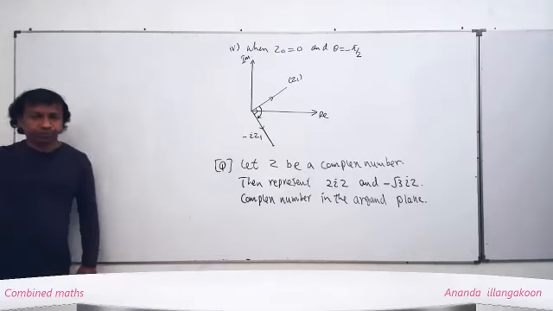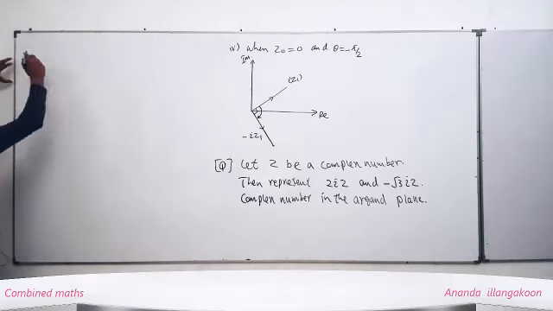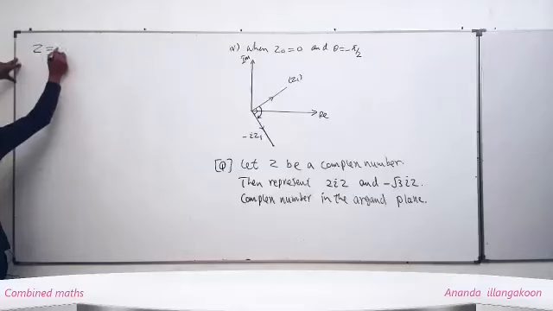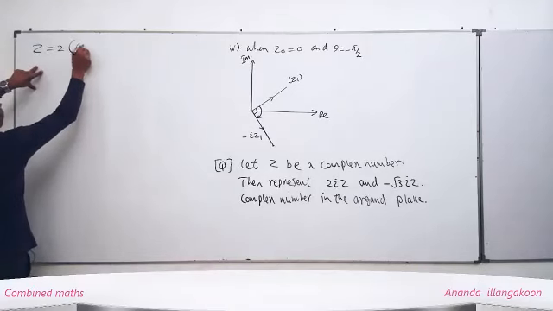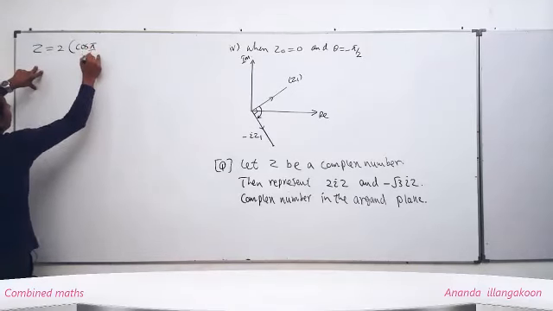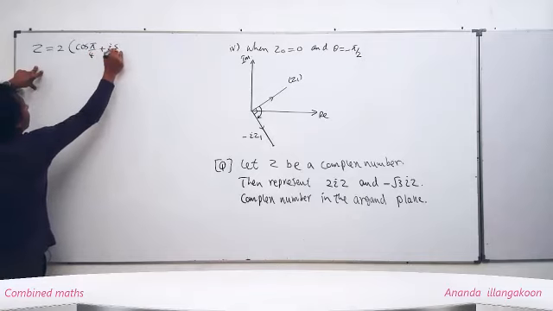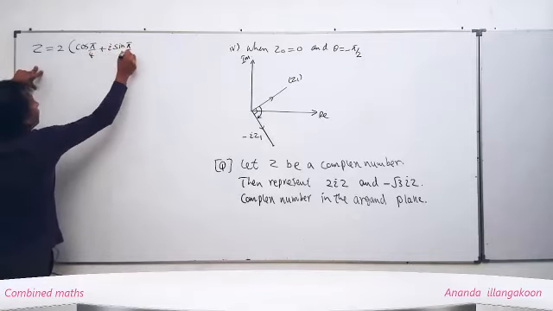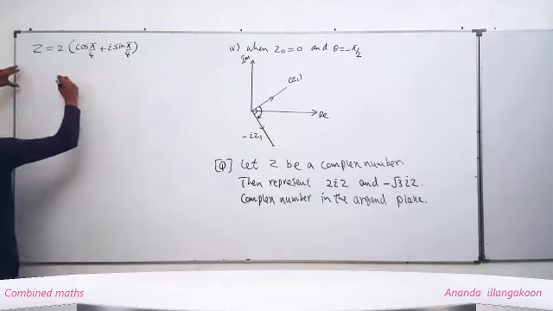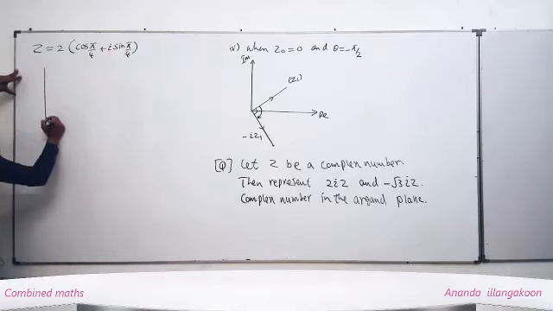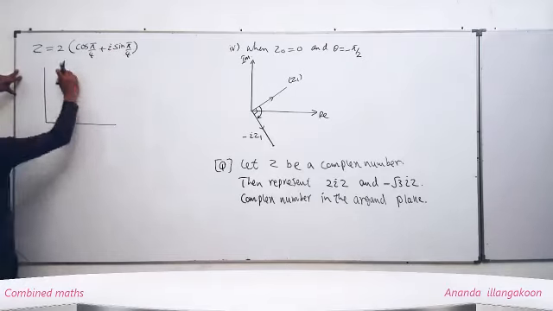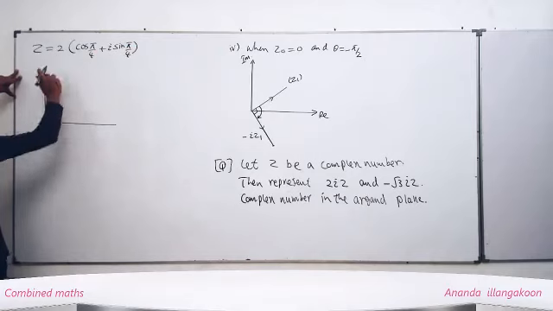You see, we have a complex number in the polar form like this. Z equal to 2 times cos pi by 4 plus i sin pi by 4, for example. How do you draw this complex number? The length of the line segment should be 2.